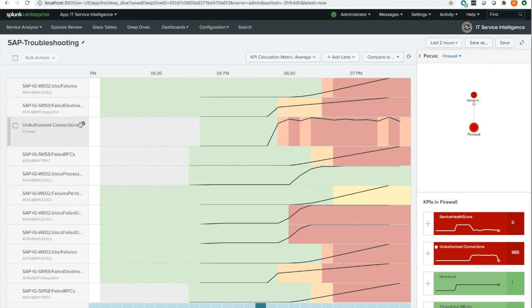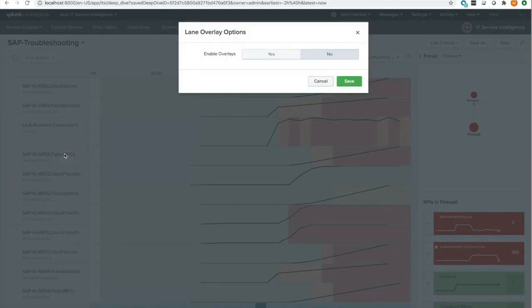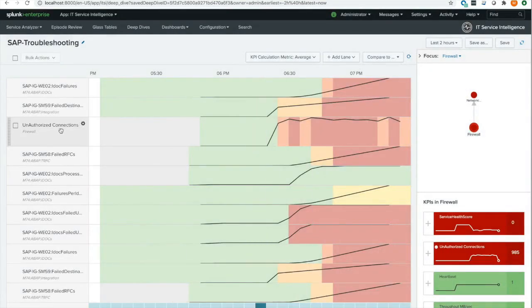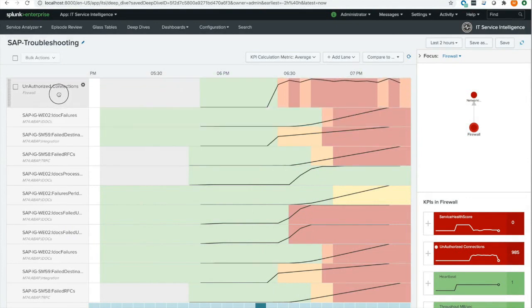Now, since we have many firewalls in our environment and this is an aggregated view, let me look into which firewalls are truly affected. In this case, I know for a fact that my SAP system sits behind the BizApps firewall, and the BizApps firewall is the one that's in a pretty unhappy state right now. Let's take that information, move it to the top, and assume that the firewall is really the root cause.